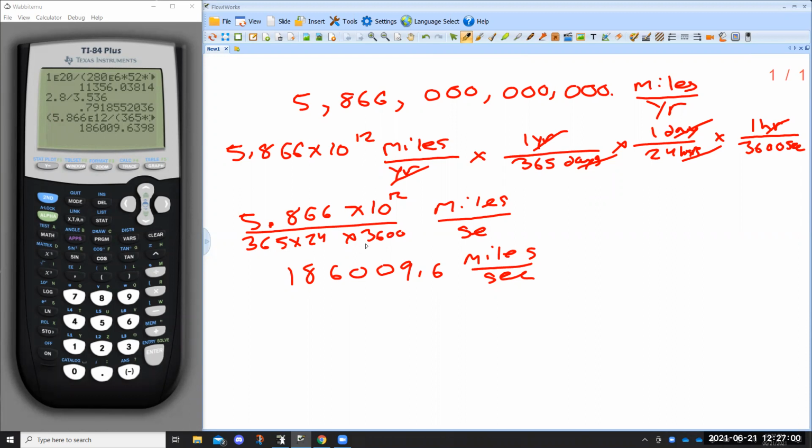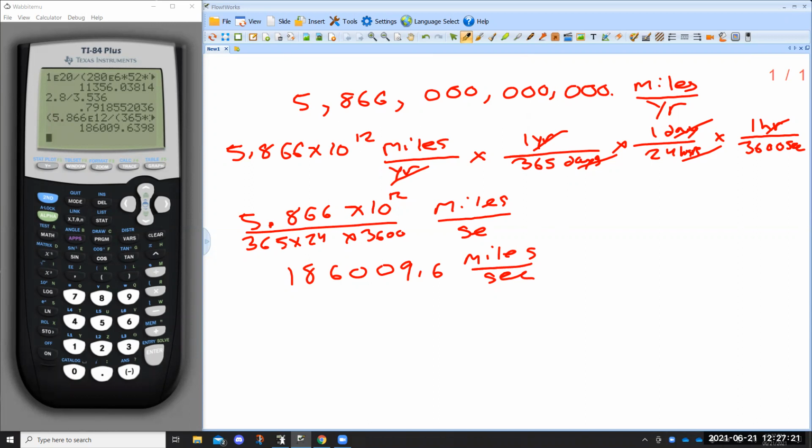It says approximately. So this is a good answer because 1, 2, 3, 4, 5, that jives with what we were told in number 37. So we were already given our speed of light in miles per second earlier. So that's good.